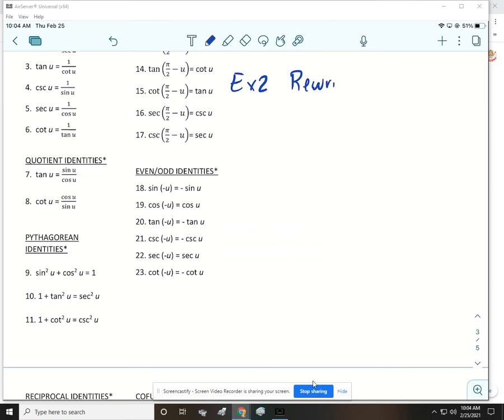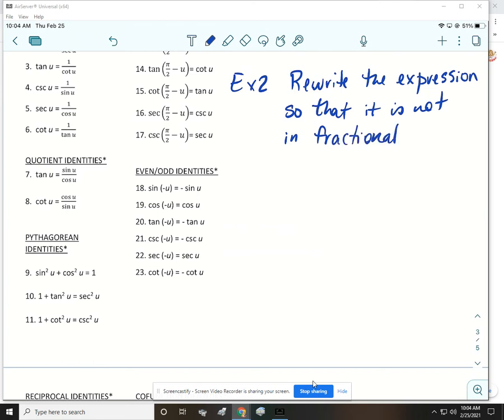Rewrite the expression so that it is not in fractional form. Okay, so what we have is cosine squared of x over 1 minus sine of x.